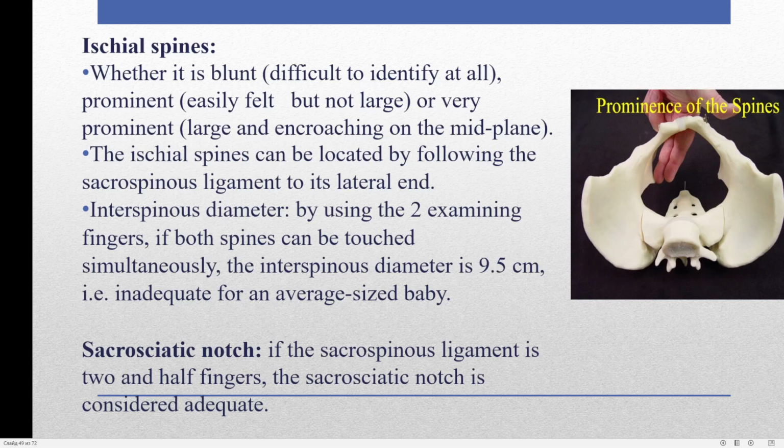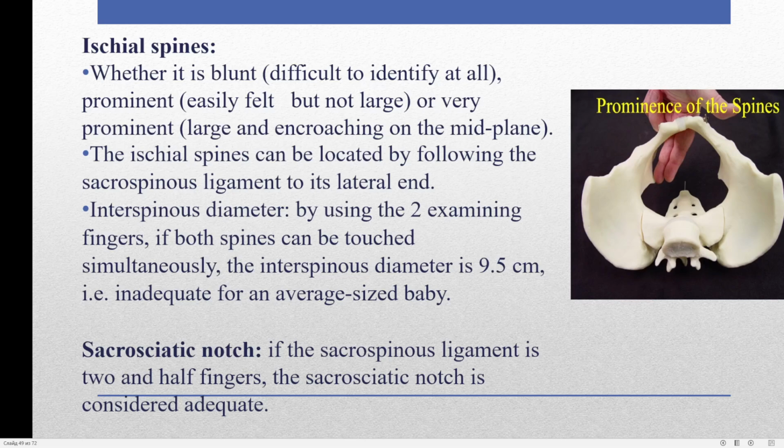Ischial spines: whether they are blunt, difficult to identify at all, prominent, easily felt but not large, or very prominent, large and encroaching on the midplane. The ischial spines can be located by following the sacrospinous ligament to its lateral end.